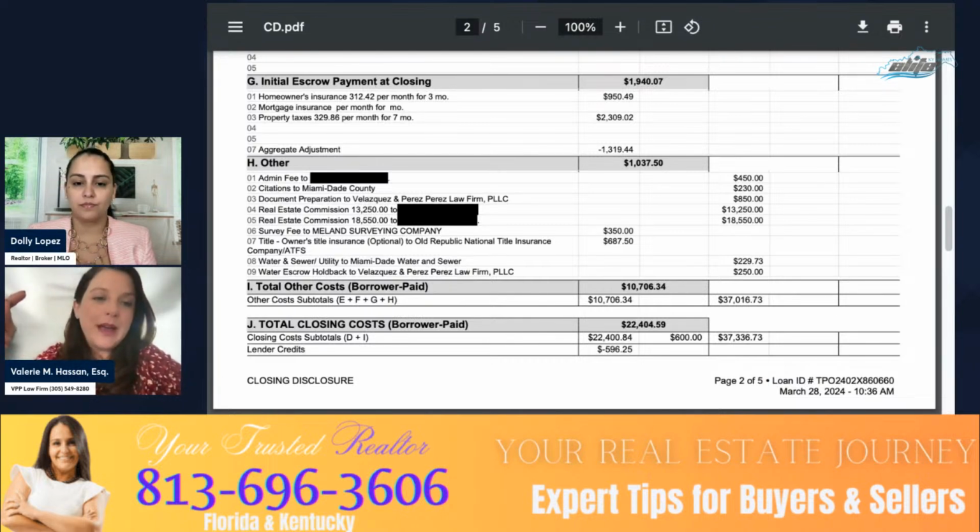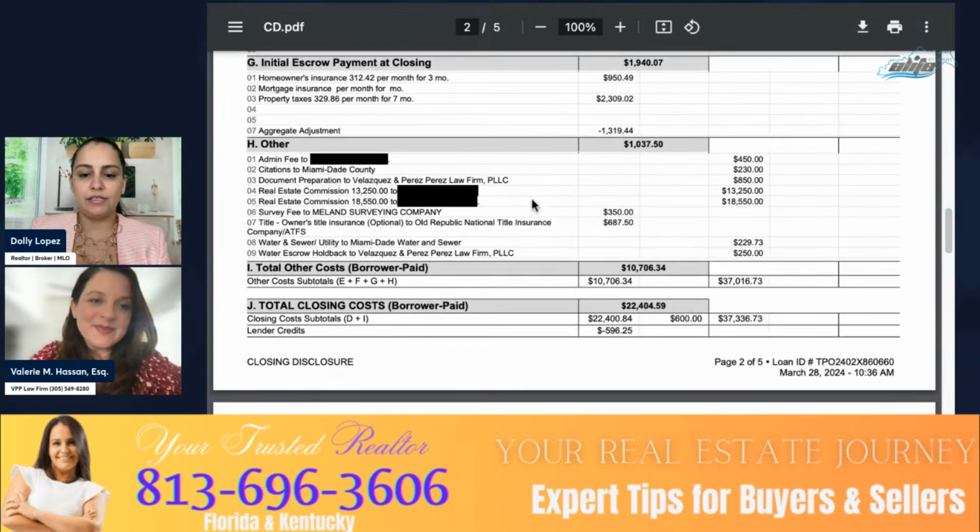And so that's why we have that adjustment, that negative number. It's always usually a negative number. And that's only to comply with federal regulation. So it's deducting that amount, but not to worry. That doesn't mean that come November that it's going to be low. You'll have enough money in November and you'll have enough money next year during your closing in order to pay for the homeowner's insurance as well.